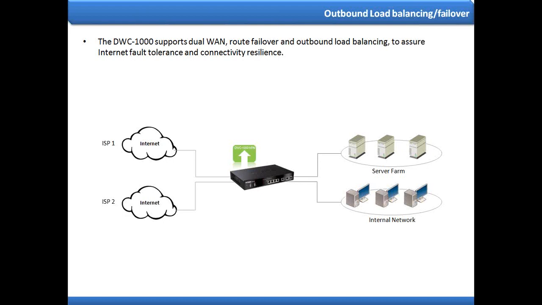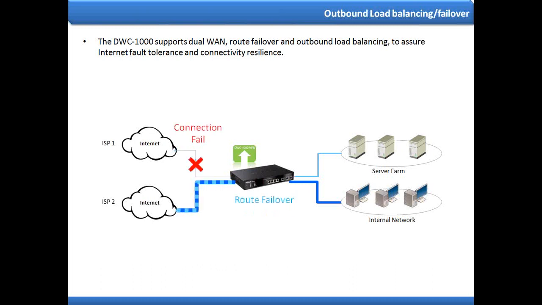Again, with the DWC 1000 VPN license, it offers the outbound load balancing and route failover. So in this case here, we've got some of the internal network moving over ISP 1. When traffic exceeds a certain threshold, the DWC 1000 will automatically load balance between multiple access points to ensure that one link isn't overutilized.